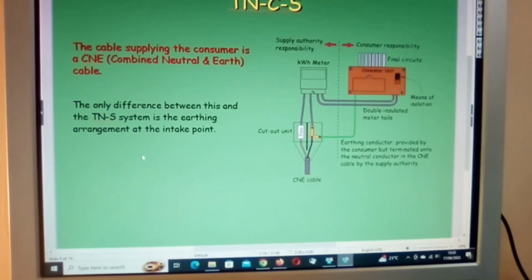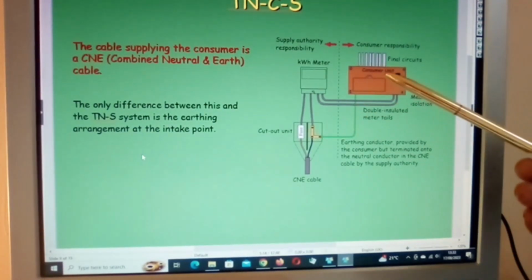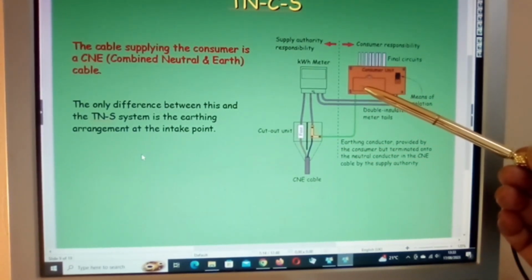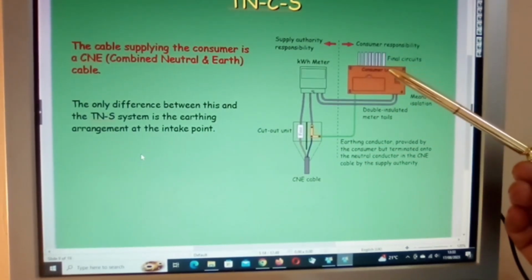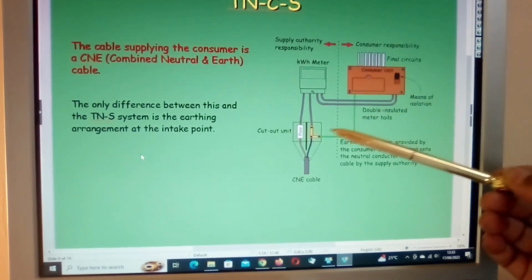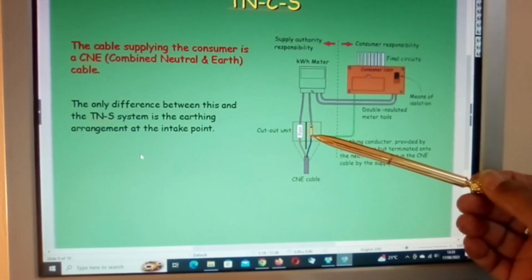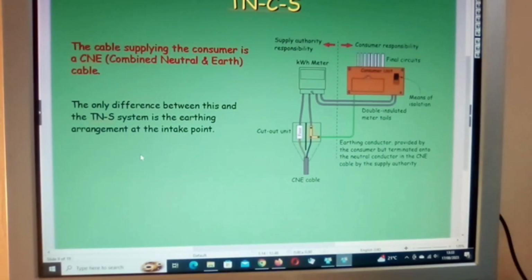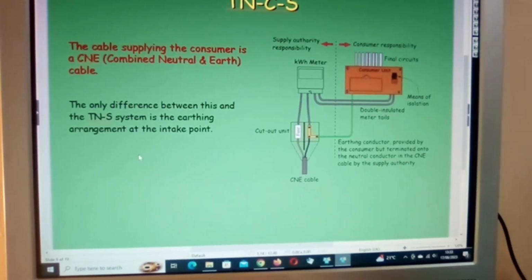The consumer unit would be earthed as it is, and you have your neutral supply coming in. But at the earth incoming of the main supply from the supplier, it would be solid linked to the neutral.